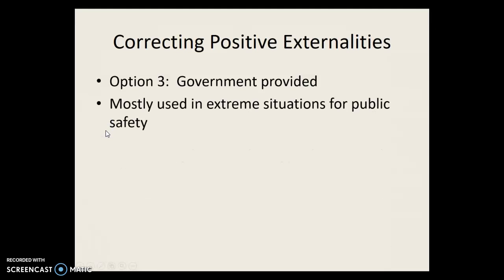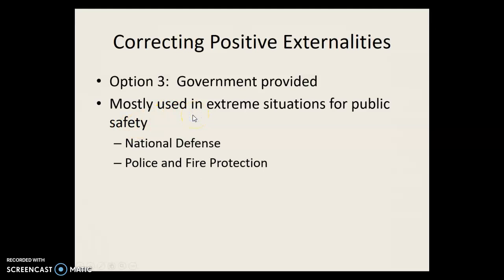Well, it's typically used in extreme situations for public safety, and you could probably think of a few of them. National defense would be one. We don't pay individually for national defense outside of paying our regular taxes, of course, but we don't have an additional fee to provide national defense just for those who want to have it. The government provides it for everyone, so there's no externality in defense.